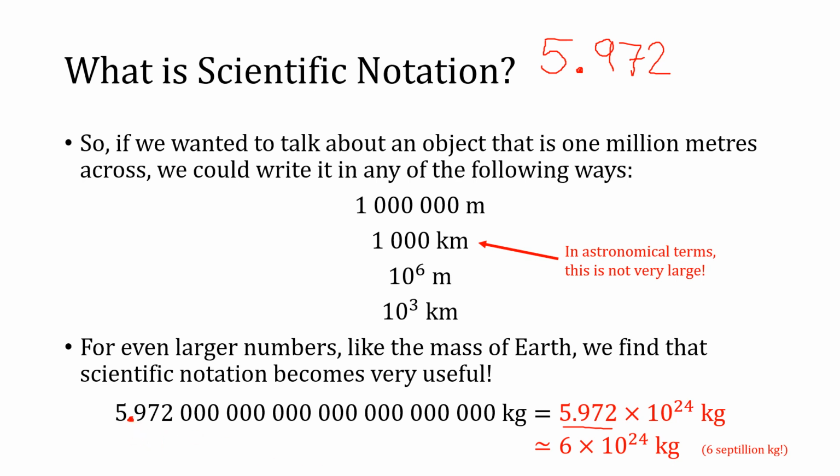So the way that we write this down is we write in the first digit, the decimal point, the first few digits after that, times 10 to the exponent of what we just counted, the number of digits after the decimal point, which is 24.